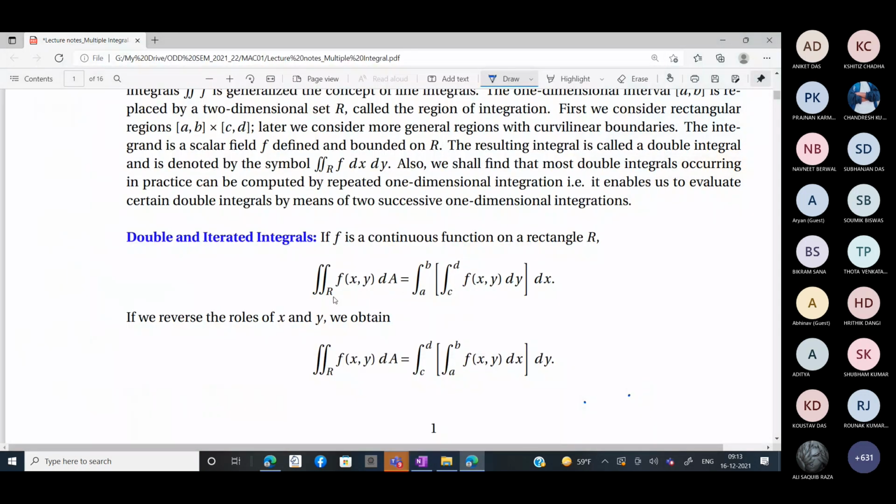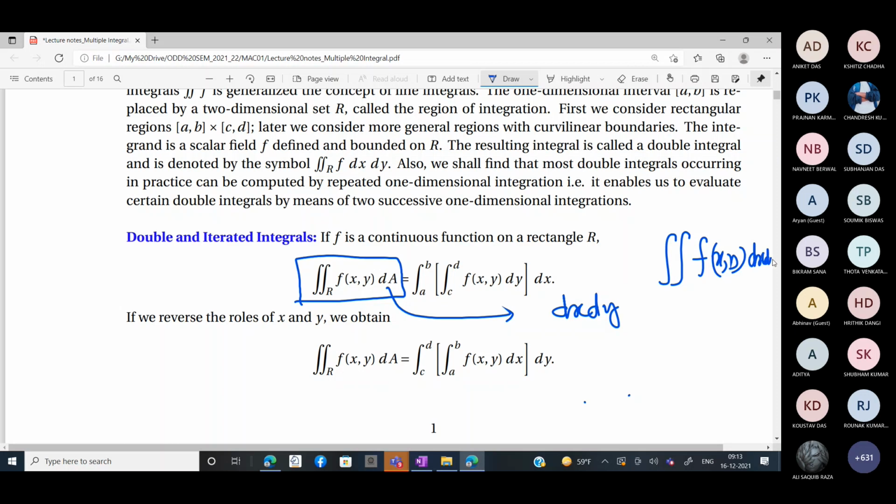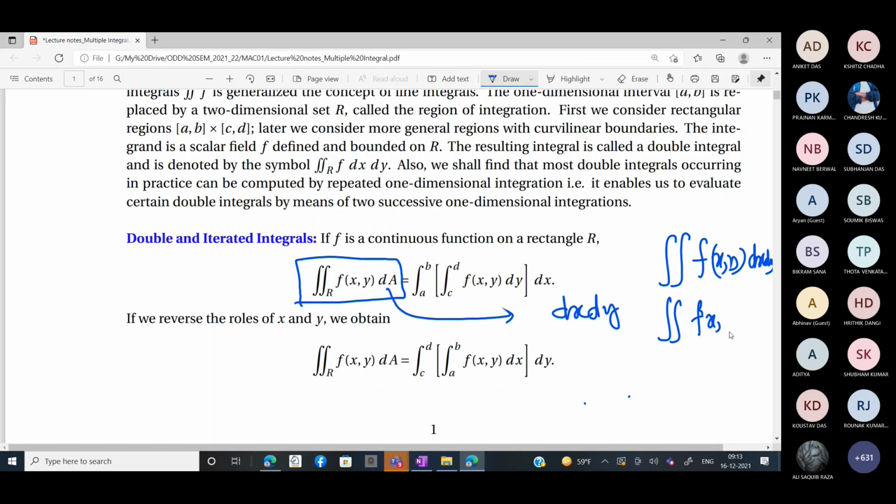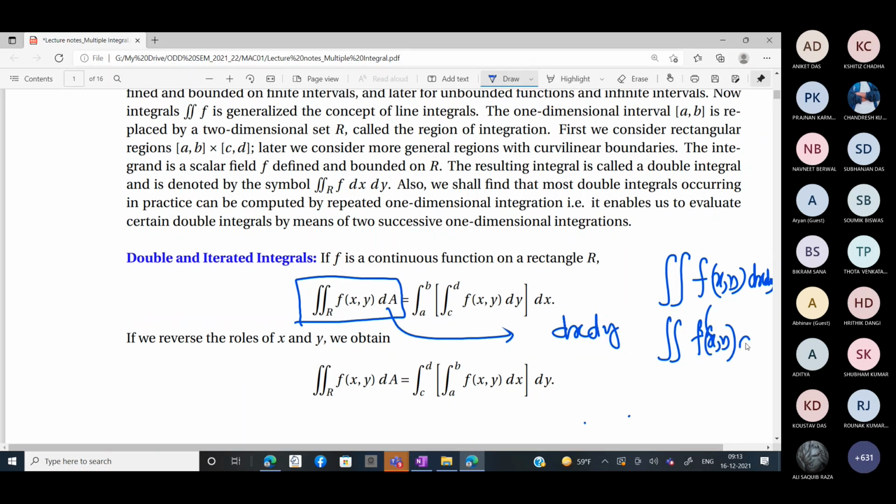Next, this is basically the notation for double integration. Sometimes we write dA, or sometimes it is written as dx dy. It depends on you, whatever you want to write. So in the case of double integration, if we write f of x comma y dx dy, or if you write dy dx, there is no issue.